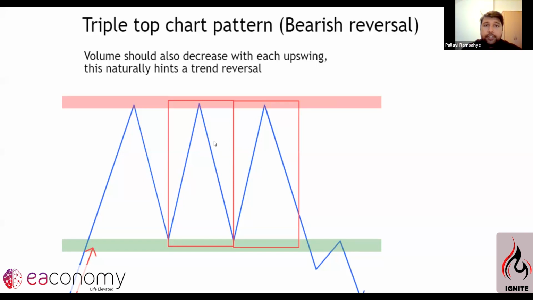I'm going to show this on a live demonstration as well. What you'll tend to notice is that the volume will decrease, which hints at a price reversal. You'll notice that in the 2 swing highs that are here.